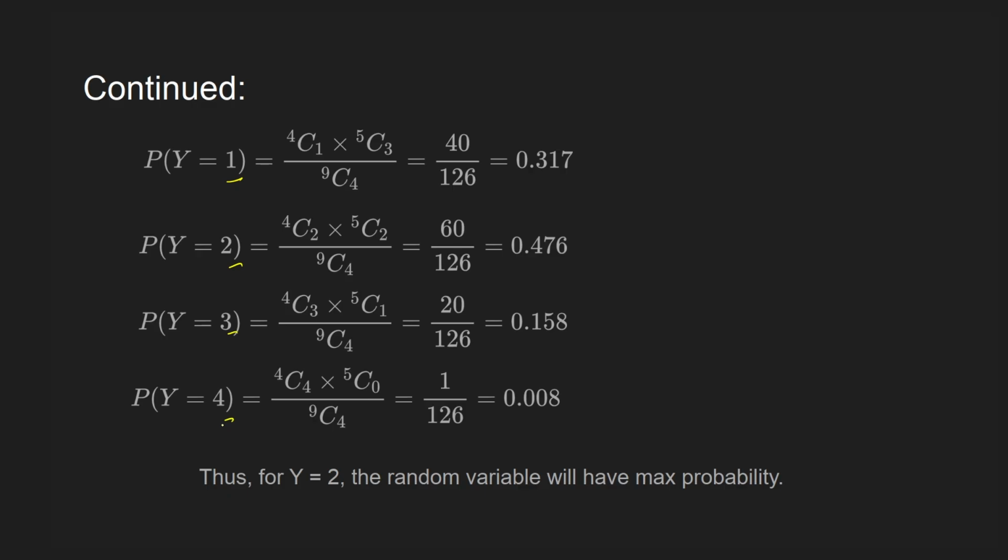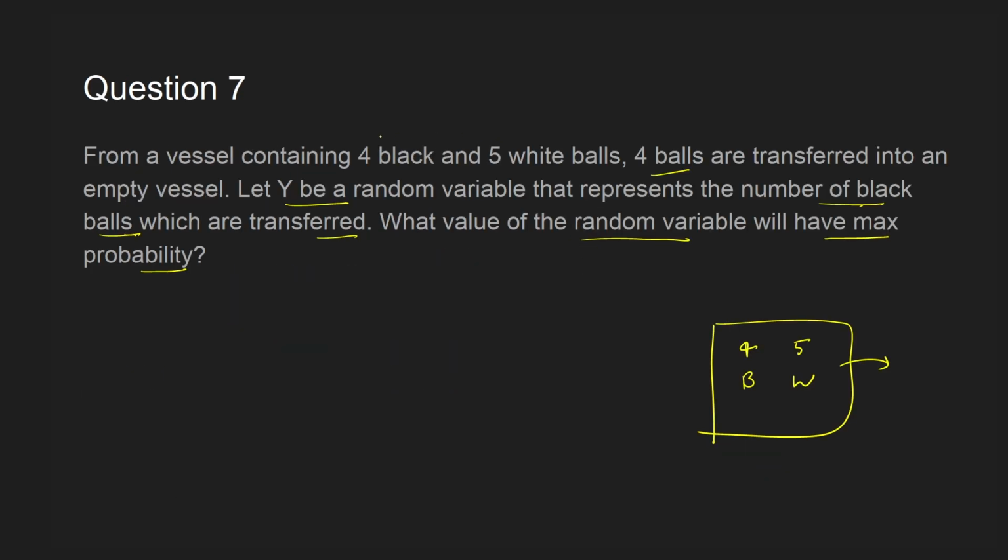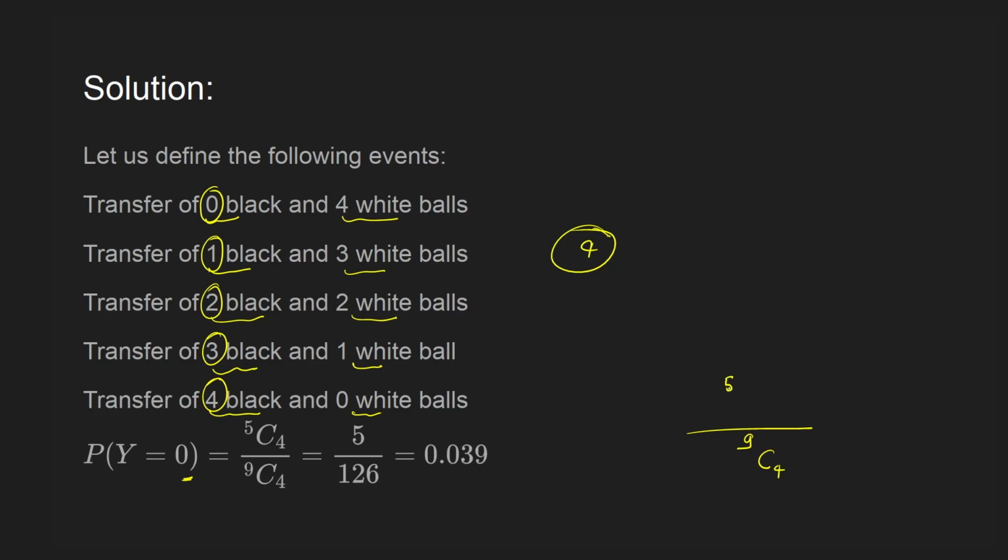For each point we will calculate the probability. First, for 0: out of the 9 total balls we are transferring 4 balls, and Y equal to 0 means we are transferring 0 black balls, so out of the 5 white balls we are transferring all 4. This probability is equal to 0.039.